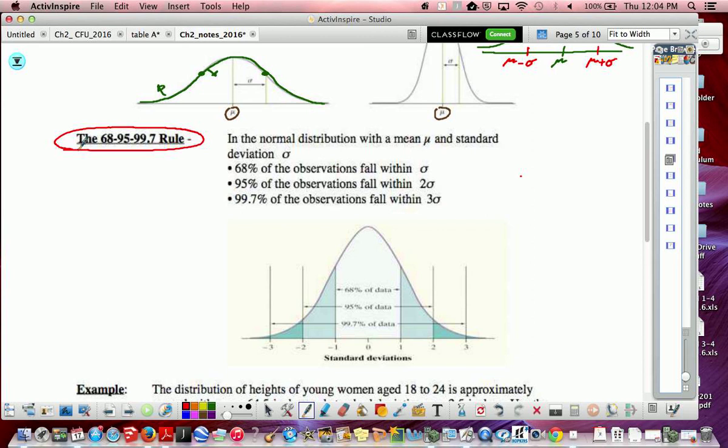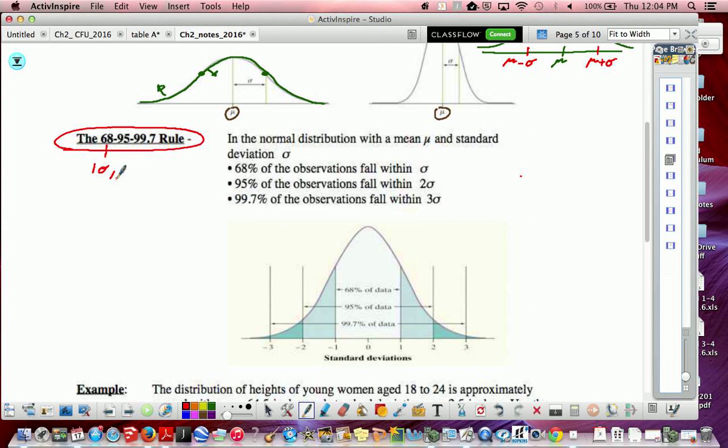This rule is called the 68, 95, 99.7 rule. Now you're like going, whoa, it's three numbers. 68, second number 95, third number 99.7. What those numbers correspond to is how many standard deviations you're away from the mean.